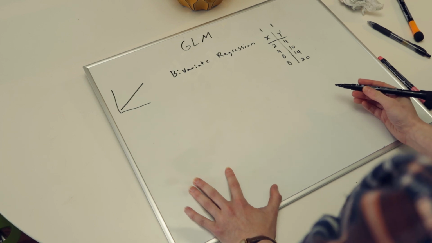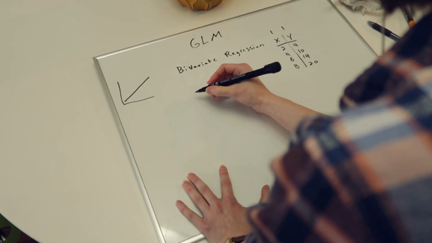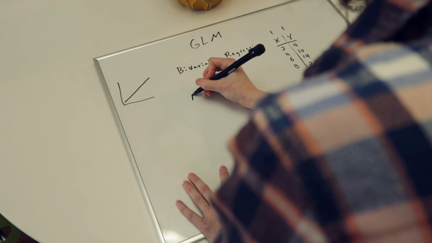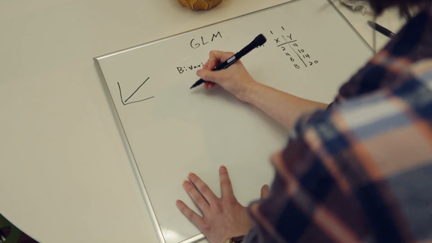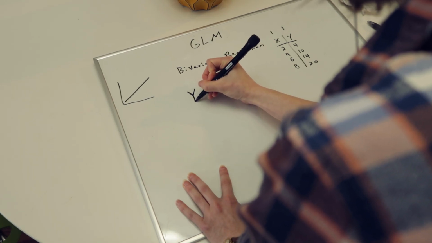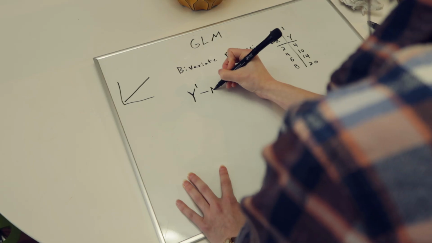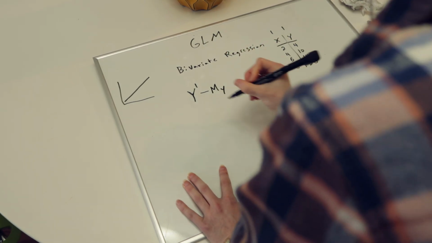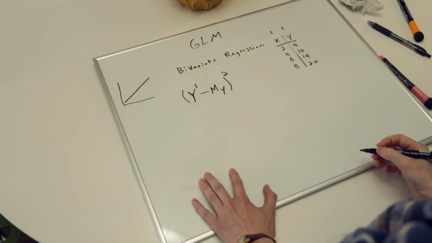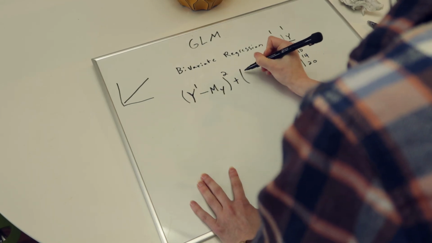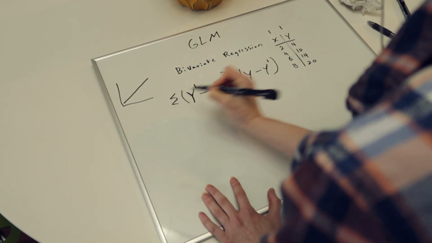So in order to do that, we're going to go with our predicted y minus the mean of y, squared, plus our raw y minus predicted y, the sum of these.